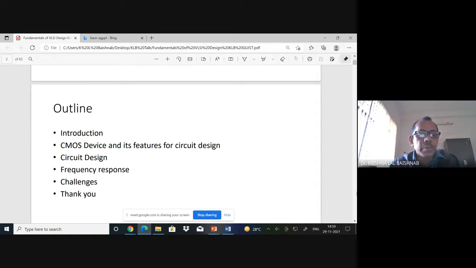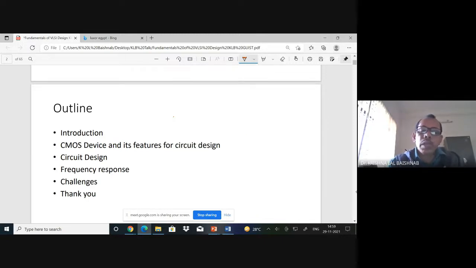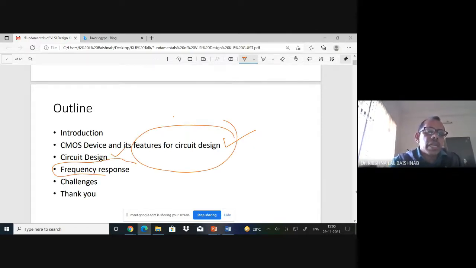But my theme is basically circuit design and fundamentals of circuit design. I'll take the important features of analog circuit designs, then circuit designs, then frequency response and challenges. All of those will be contained in my lectures.